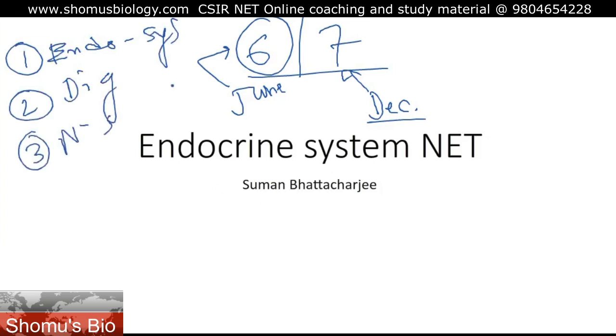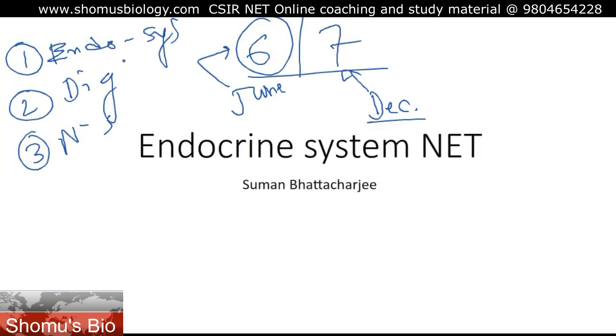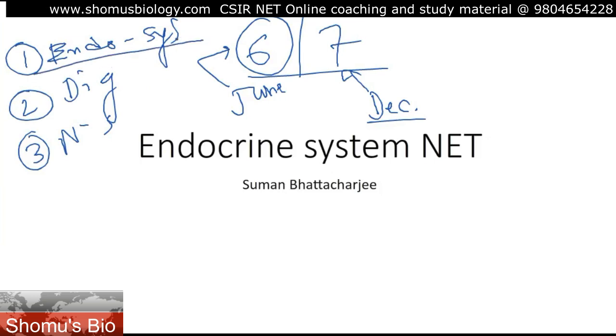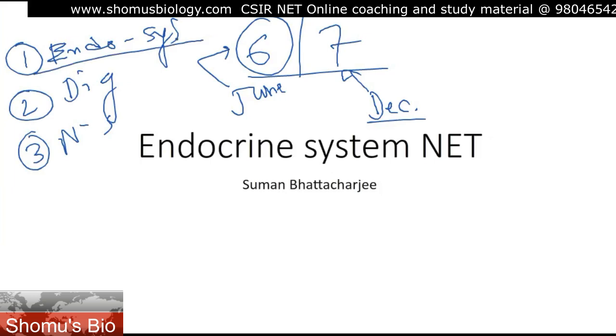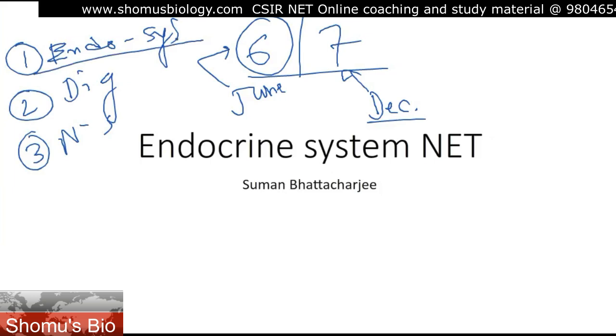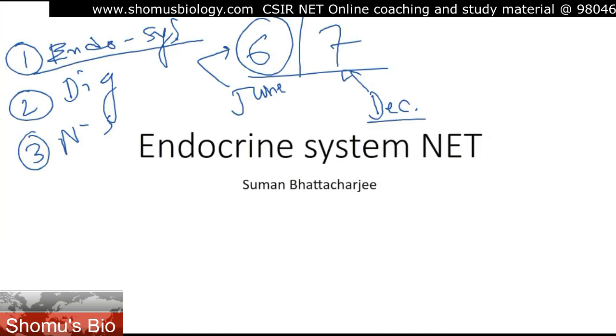Now let me also tell you the associated subtopics from each. From the endocrine system you need to know the different glands in our body, for example the pituitary gland, as well as the thyroid and parathyroid glands.